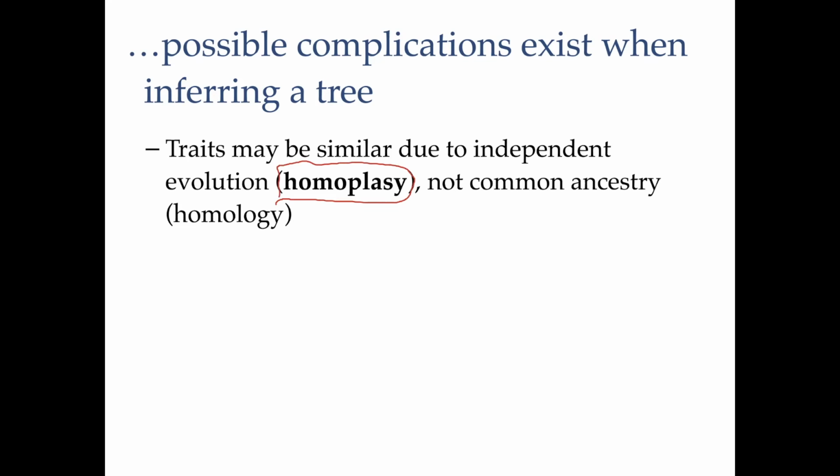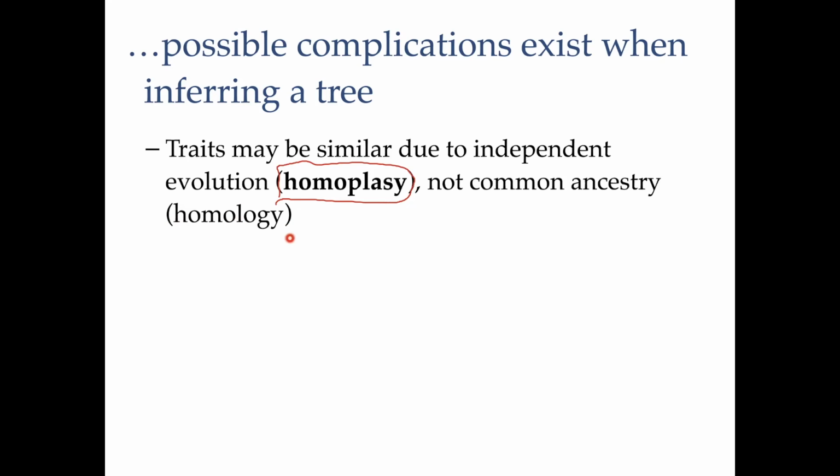So a homoplasy, in contrast to a synapomorphy, is a trait that is similar, present in two taxa, but is not inherited from a common ancestor. It is actually acquired by convergent evolution. So the evolution of that trait was independent in the two lineages that have that trait. When traits are inherited from a common ancestor, that is a homology.